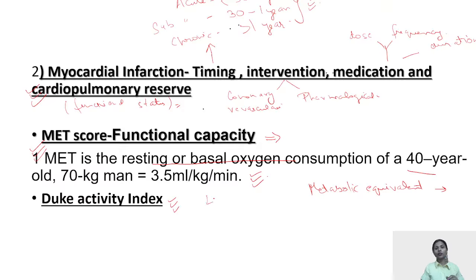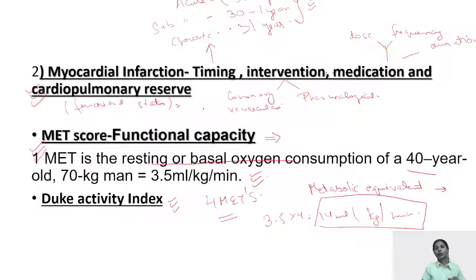That is, for example, if the patient has 4 METs, so the basal oxygen consumption of the patient would be 3.5 into 4, that is 14 ml per kg per minute. And what is the importance of this will come to know a bit later. And the second index could be the Duke Activity Index.